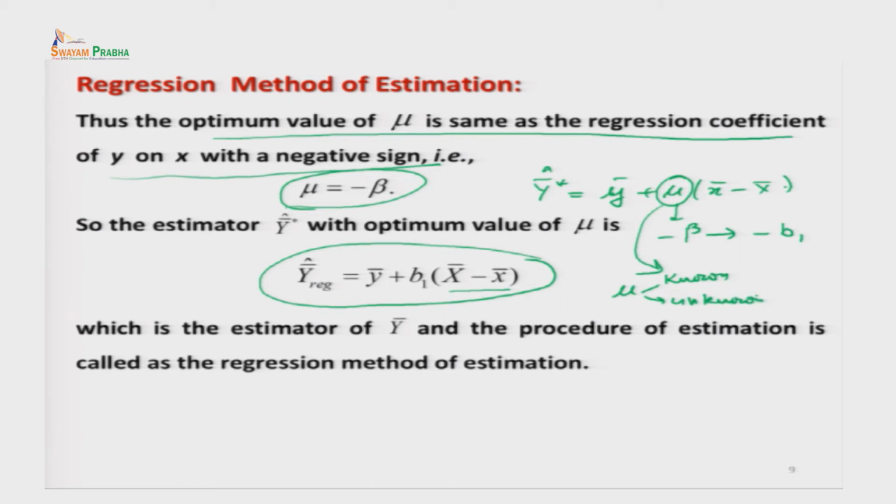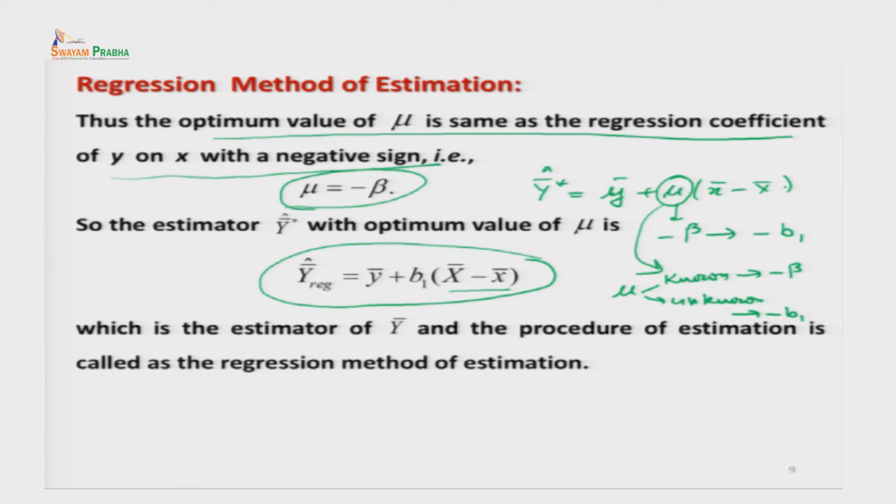If mu is known, then you simply keep minus times beta, and if mu is unknown, then you replace it by minus times B1, right. This is what you have to keep in mind so that you don't get confused between the two terminologies, because sometimes people use the term difference estimator, and sometimes they use the regression estimator in the context of a regression method of estimation.